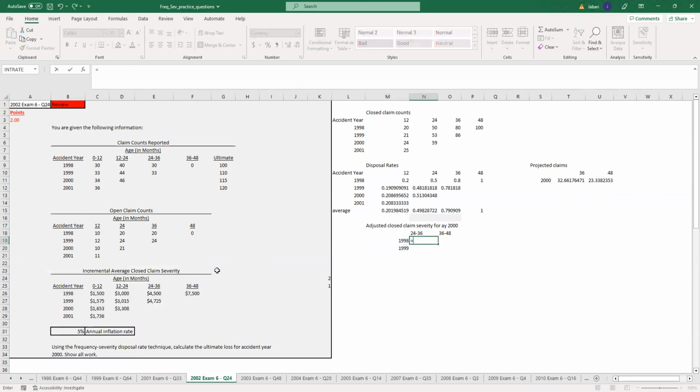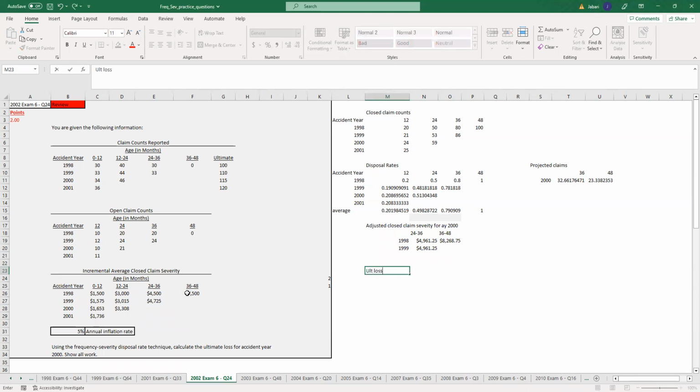So here we're going to take this and multiply it by 1.05 to the second. Do the same down here, times 1.05 to the second. So we're trending it forward 2 years because we want the AY 2000. Once we have all this, we can finally finish this up.